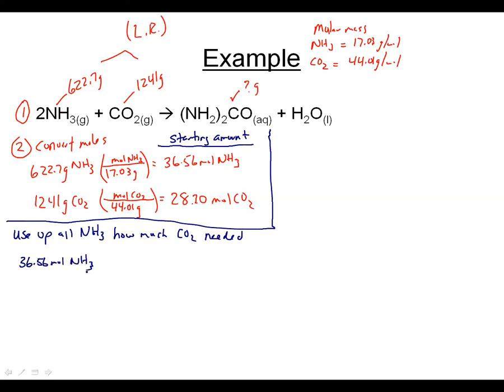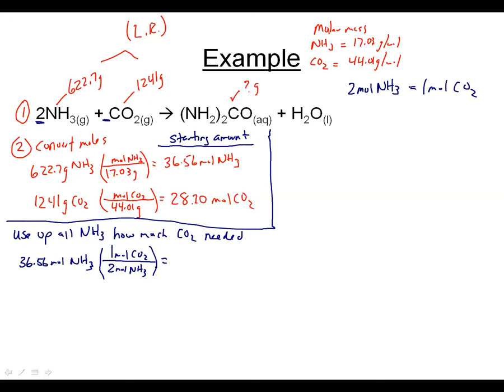We're going to go to the equation, and from the equation we see for every 2 moles of NH3, which is the coefficient right there, gives us 1 mole of CO2, which is also the coefficient right there. And again, we're going to use that to go from NH3 to CO2. So 2 moles of NH3 gives us 1 mole of CO2.